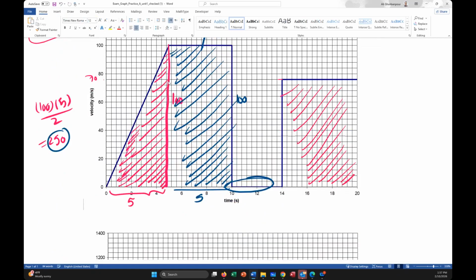What is the base? 6, yes? What is the height? It is 60. Okay, 1, 2, 3, 4, 5, yes? 20 divided by 5 is 40, yes?